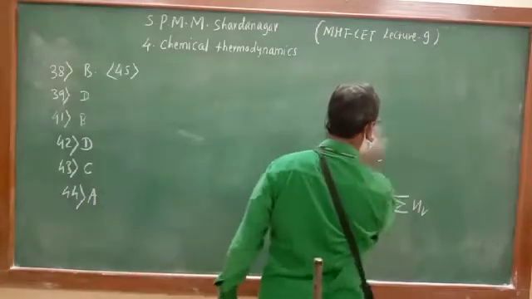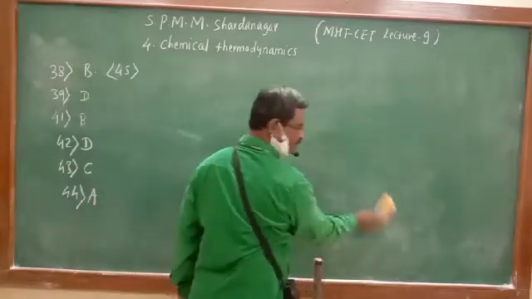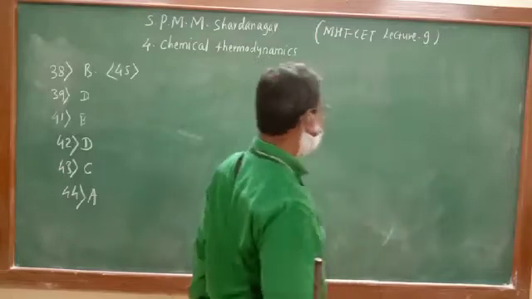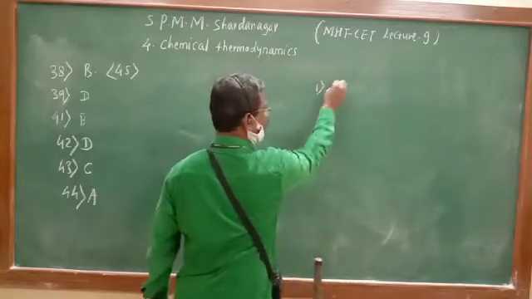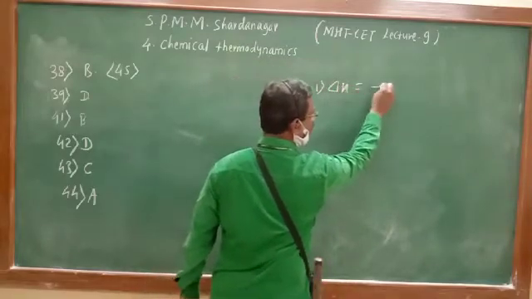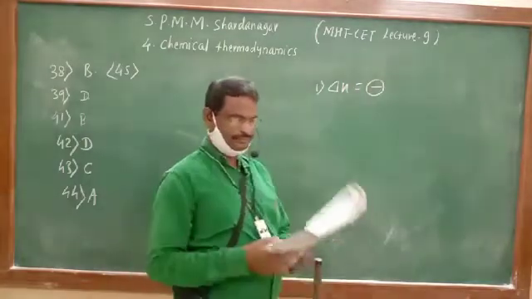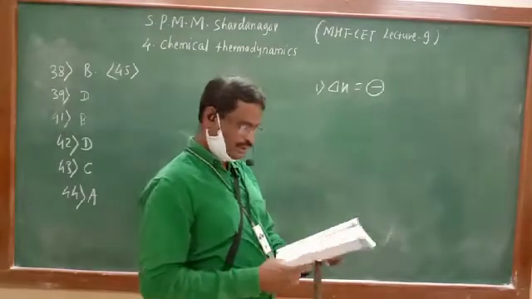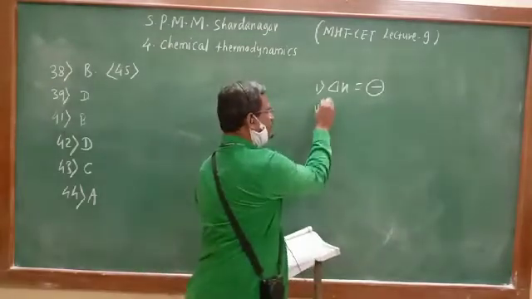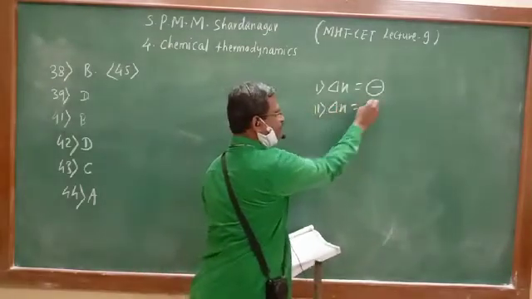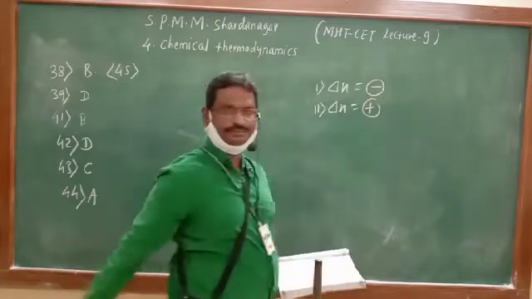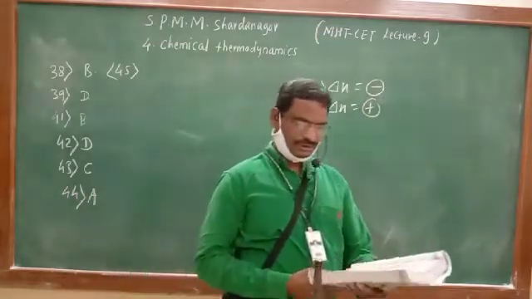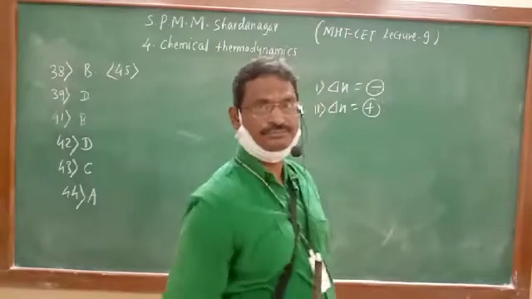We have to identify the nature of reactions. For the first reaction, they have given delta H negative, minus 890.4 kilojoule, and for the second reaction, they have given delta H positive, and we have to identify the nature.